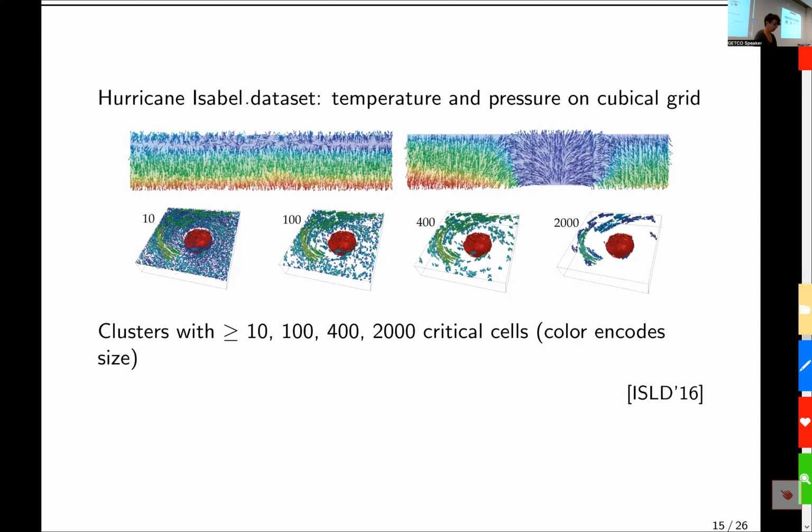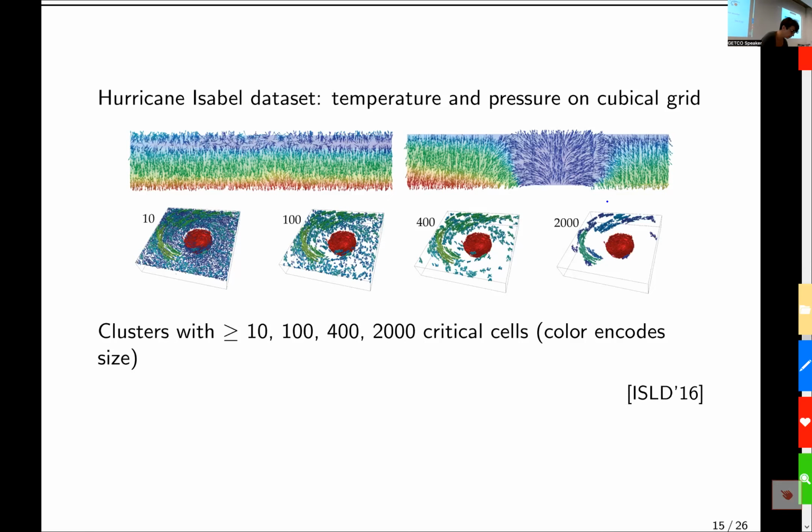And below you can see the critical cells that have been computed for this pair temperature and pressure, and they have been clustered, and the color now encodes the number of cells in a cluster.